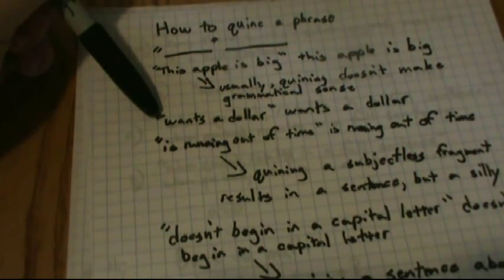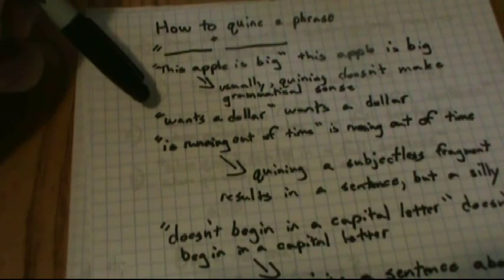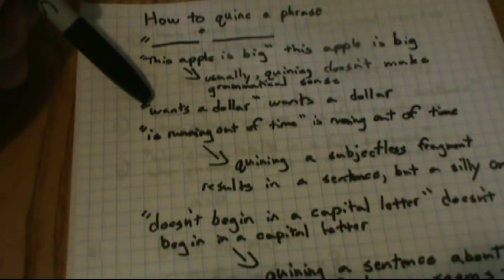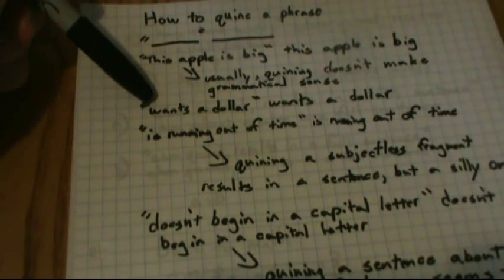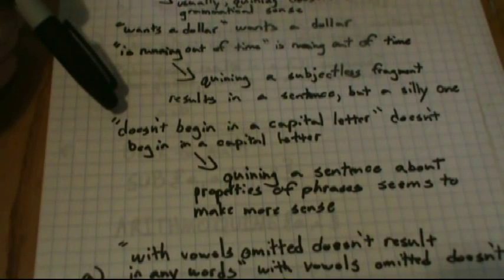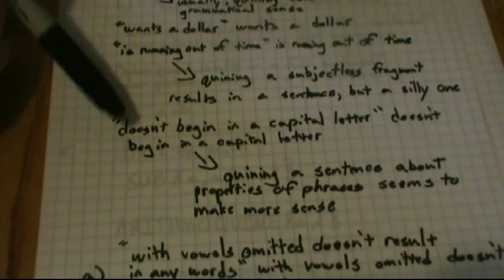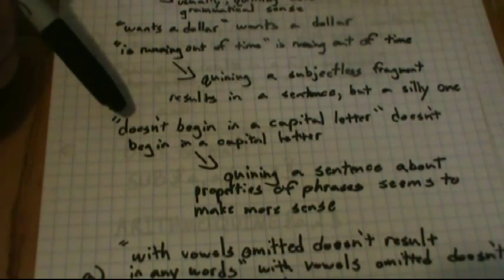So the only way to quine something that results in a complete sentence is to take a subjectless sentence fragment, and then quine that. Most subjectless sentence fragments result in kind of silly things when you quine them, but that's fine. And the less silly way to make stuff out of quining, just start with a subjectless sentence fragment that is talking about properties of subjectless sentence fragments.